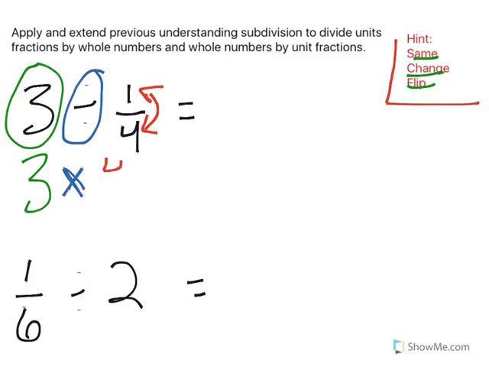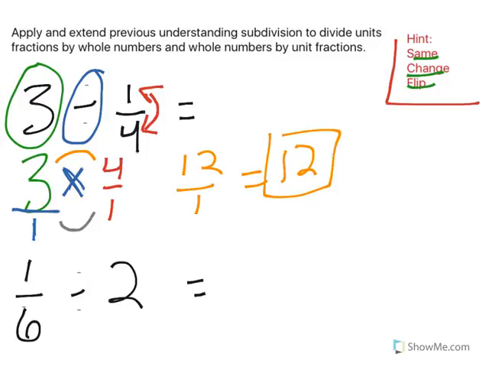So we have 4/1 now. So 3/1, because any whole number over 1 is the same. So we multiply our denominators, multiply our numerators to get 12/1, which equals 12. So that's our answer for the first one.